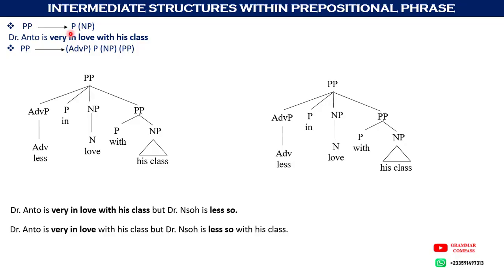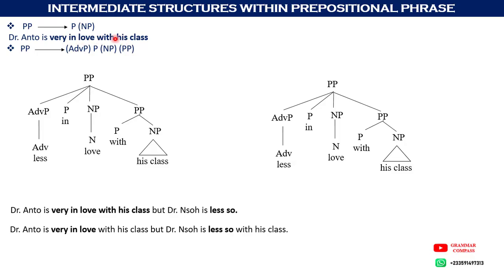Now the prepositional phrase can be complex because we have idiomatic prepositional phrases which are more complex than the one that we have here. For example, Dr. Anto is very in love with his class. Here we have "in love," which can be modified by "very" and then qualified by "with his class."